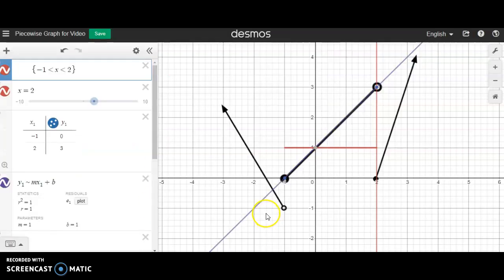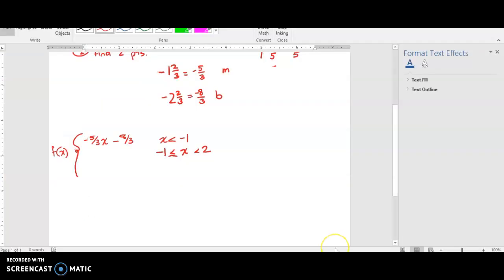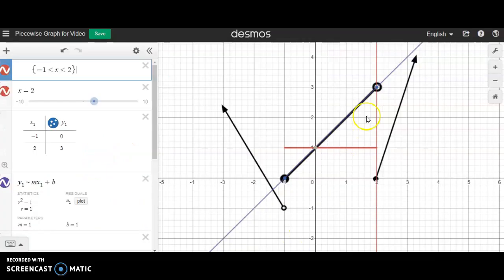And now I look for the equation. I've got my 2 points. Comes right here and it tells me. It matches up right here to y equals 1x plus 1. So 1x is just x. So my second line would be x plus 1. Now I look for my third.